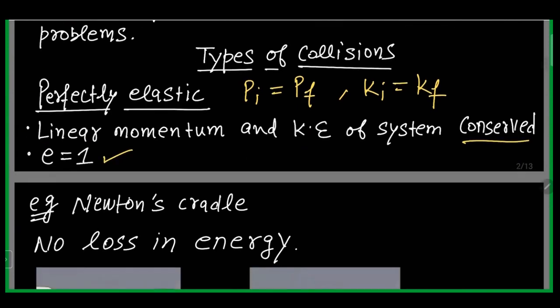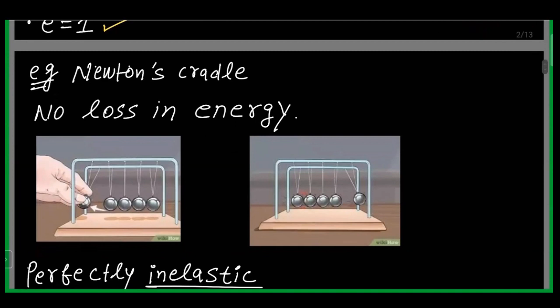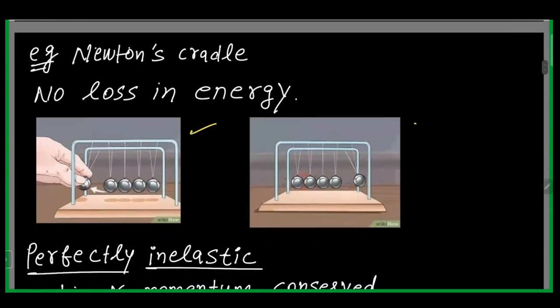Okay. What is an example of perfectly elastic collision? Almost, there is no collision which is 100% perfectly elastic, but there are some collisions which are very close to perfectly elastic. For example, Newton's cradle, which you might know. Let's say there are 1, 2, 3, 4, 5 balls.